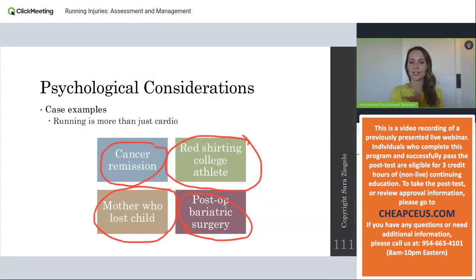So when they get injured, a lot of them fear weight gain. And that can be a really psychologically scary and anxiety provoking state when they've already worked so hard to get where they are. So I think these are merely just some examples. I think we could have a whole course just talking about holistic approaches to treating people. But I think those are some good ones that highlight the spectrum.